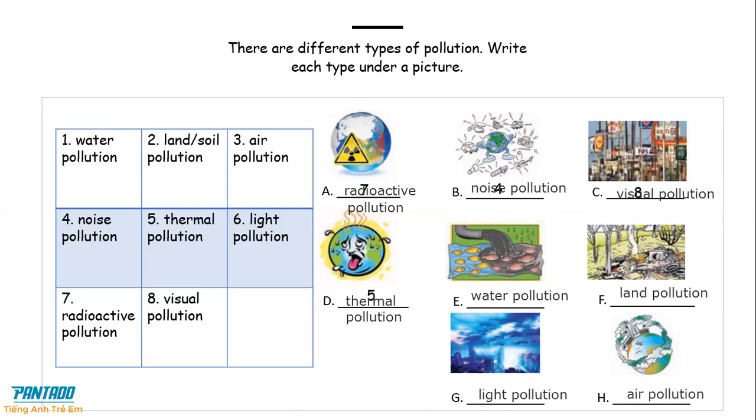Letter D, it's thermal pollution. Letter E, it's water pollution. Letter F, it's land or soil pollution. Letter G, it's light pollution. And letter H, it's air pollution. So as you can see, you got all the correct answers.